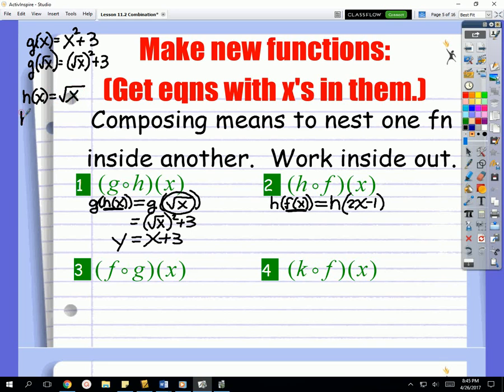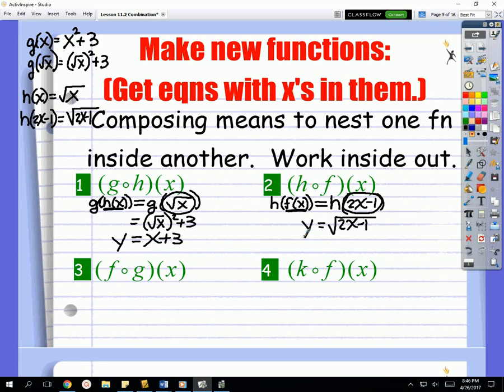So this time if I do h of, and it says plug in 2x minus 1, I plug 2x minus 1 in place of where just the plain old x was. So I wind up getting the square root of 2x minus 1, and there's nothing I can do with that to make it nicer. So I just put y equals in front of it, and I've got my new equation.